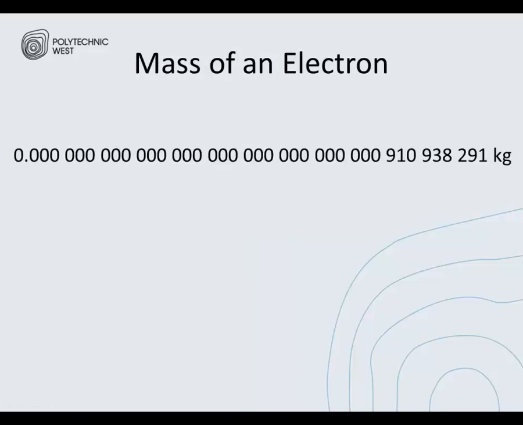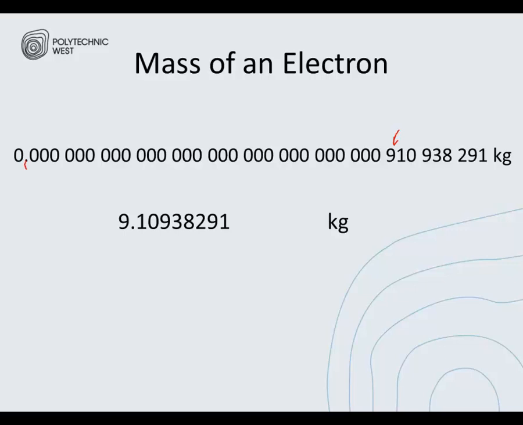Small number now, the mass of an electron in kilograms. We find the first non-zero digit, and bung the decimal point to the right of it. So that's just here. That's the 9, first non-zero one we got. And then we count how many times we need to shift the decimal point to get there.